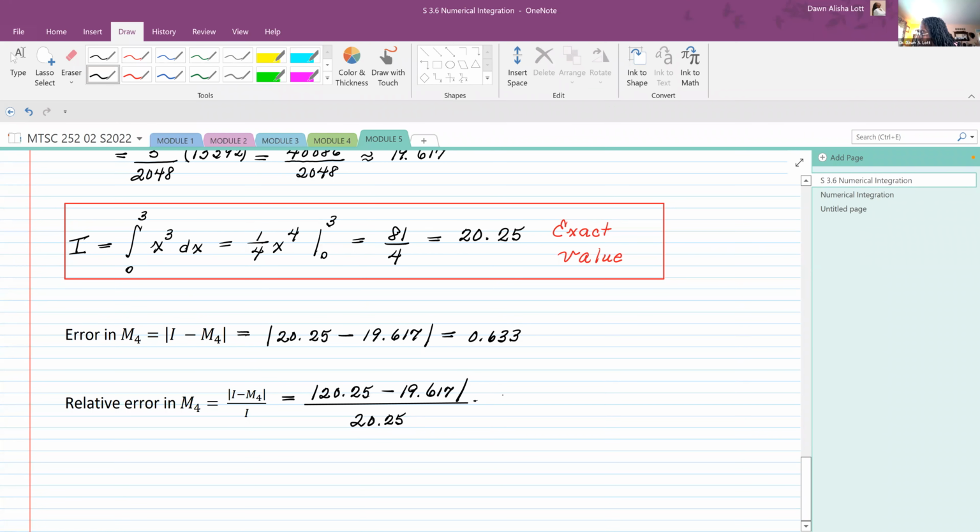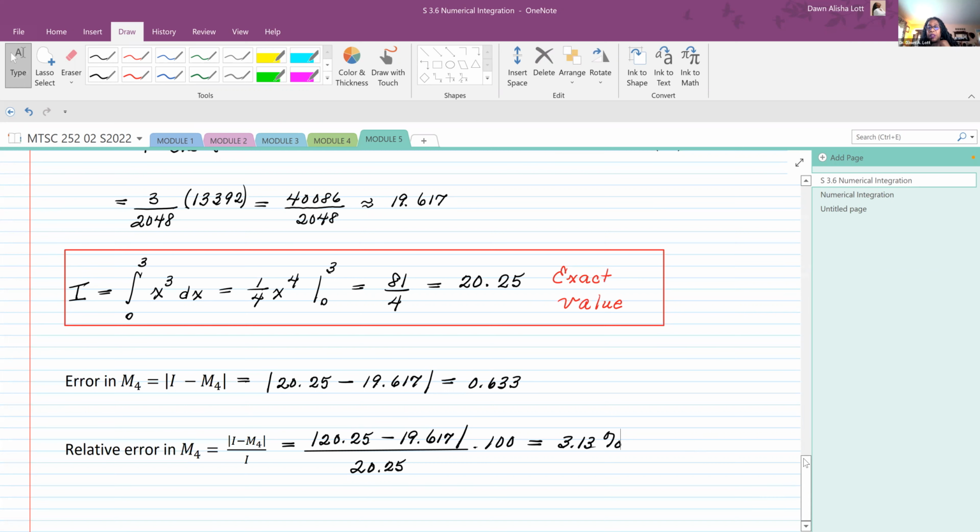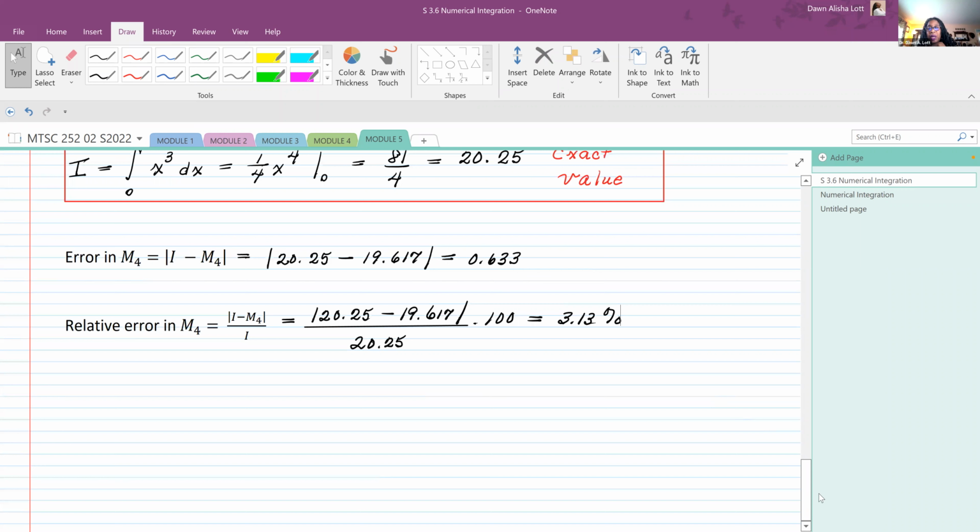Multiply by 100 because we want a percentage, and that gives us 3.13. So we're off by 3%, and that's not too bad. Okay, well, you know, we didn't get 20.25, but the midpoint rule did a good job. So it's not too bad for me to be able to say that's the answer to my problem.